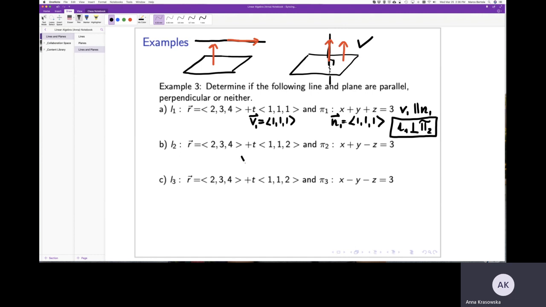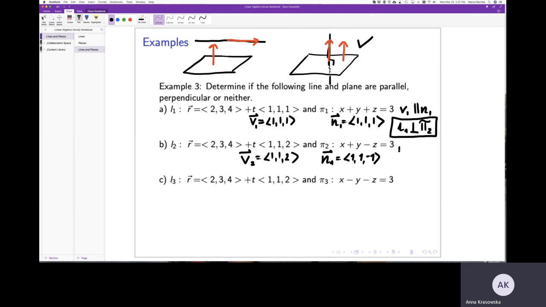What about here? We have the line 2, V2 is 1, 1, 2. Plane pi2 has normal vector 1, 1, minus 1. Now you can see that it's not the same vector, not a multiple of each other, they are not parallel.